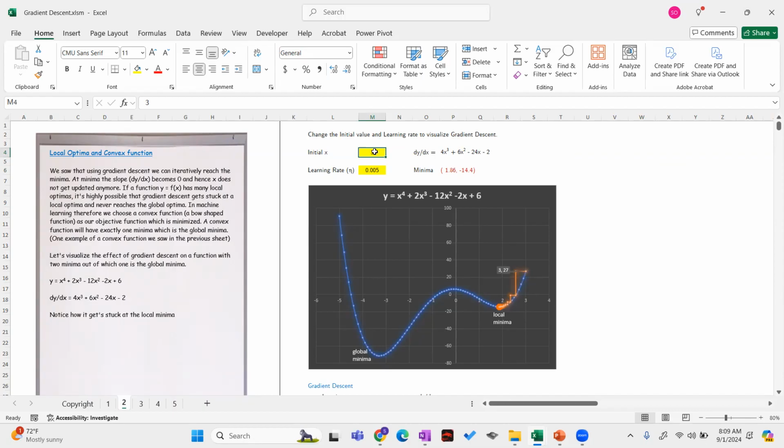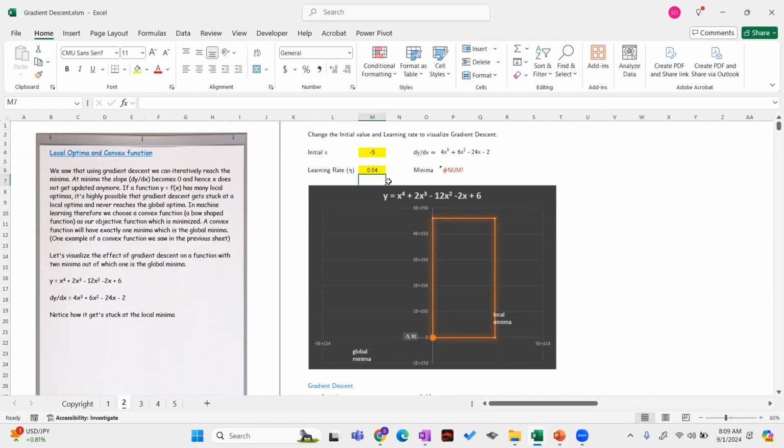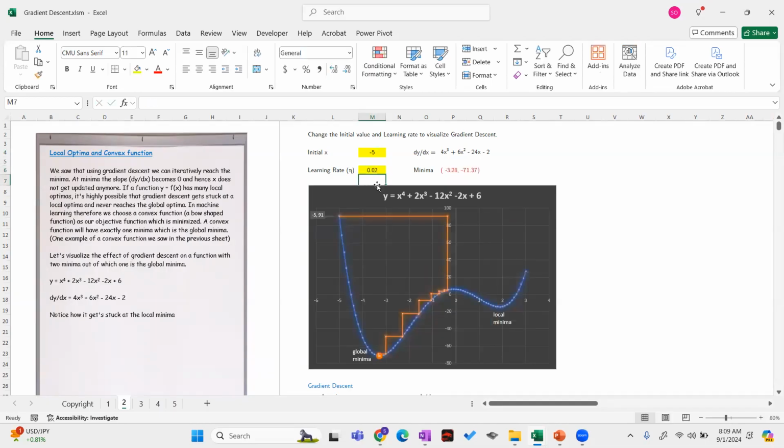But if I choose, let's say, a good point, maybe -5, then it finds the global minima. Okay, starting with -5. And if you use a higher learning rate, okay, it still finds it. 0.3, this is too big. 0.4. We got lucky.